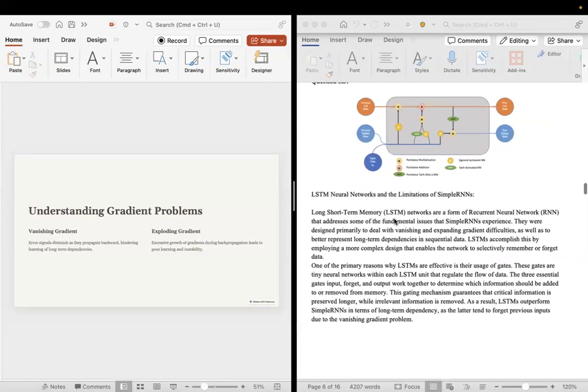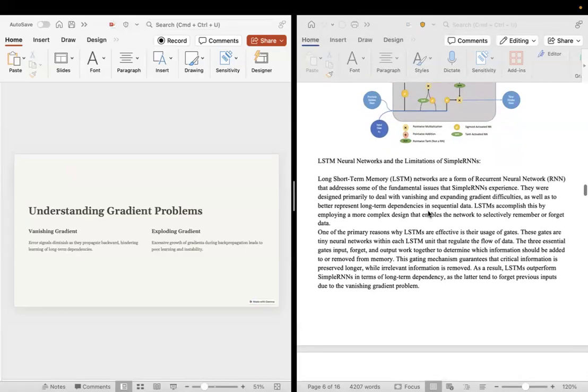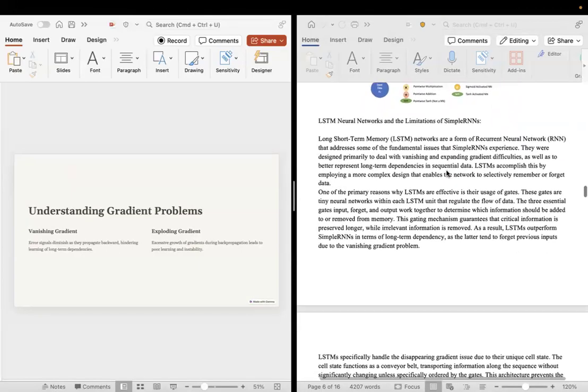Here is question 3.3, LSTM neural networks and the limitations of simple RNNs. Long short term memory networks are a form of recurrent neural network that addresses some of these fundamental limitations. One of the primary reasons why LSTMs are effective is their usage of gates.